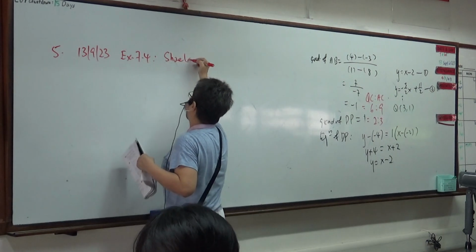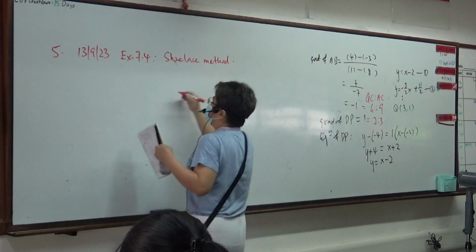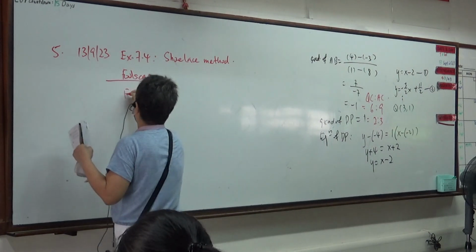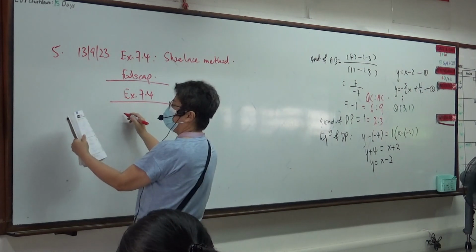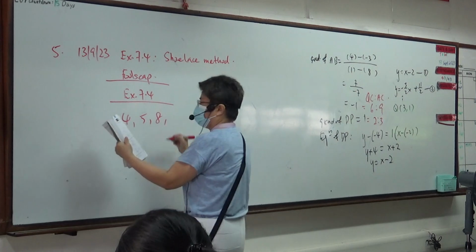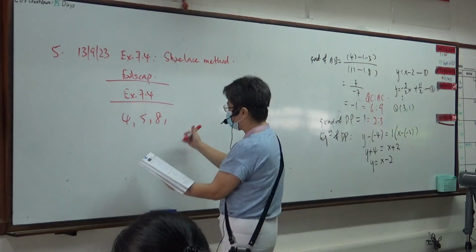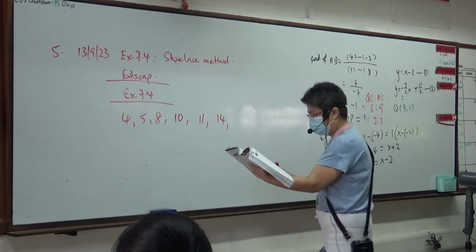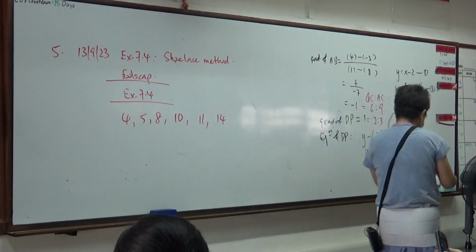Just write down shoelace method here. Okay, I want on foolscap. That's all.